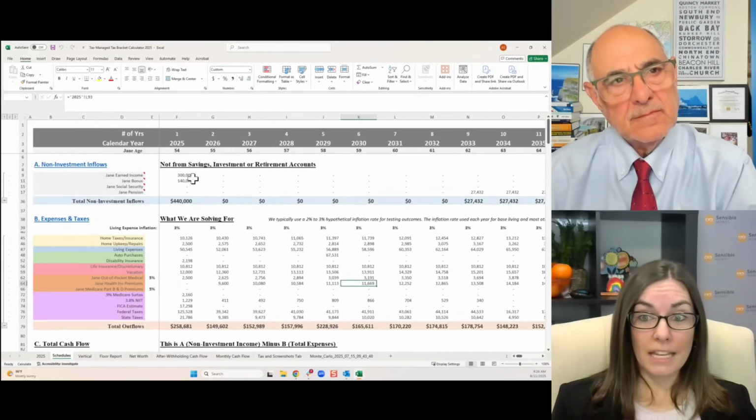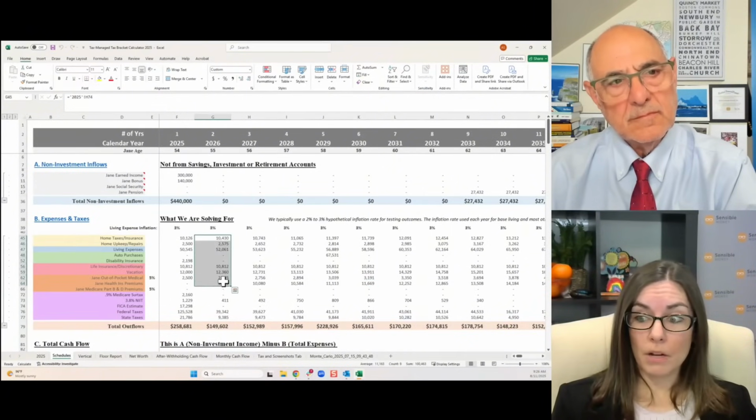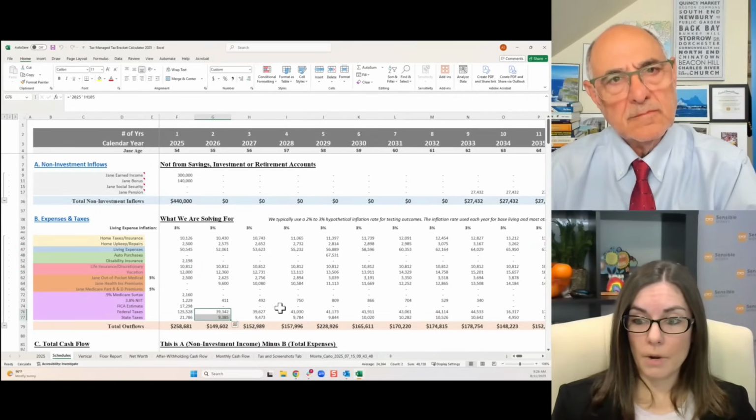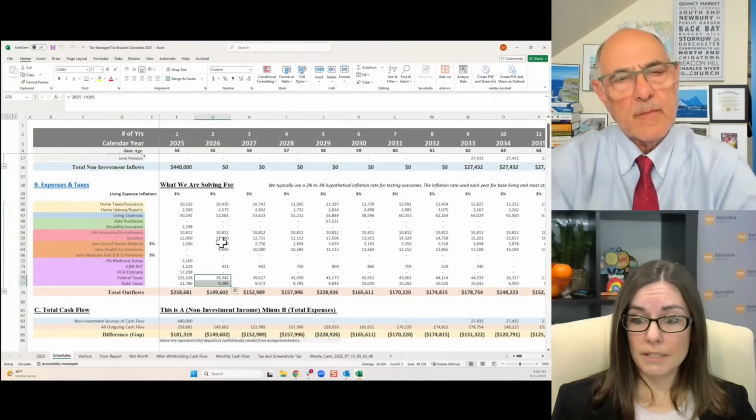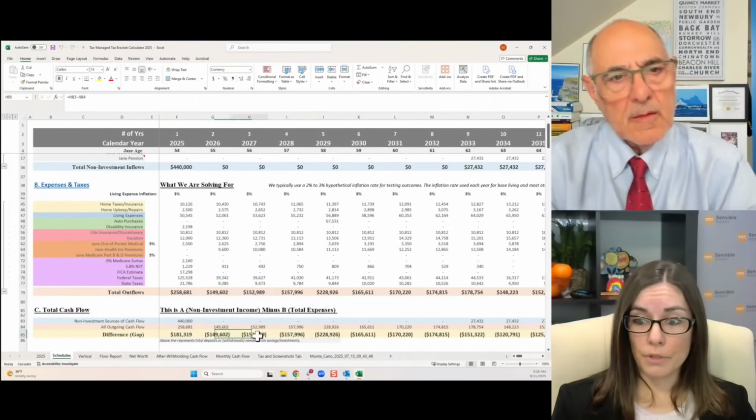Section A, income, identical. Nothing changes. Social Security, pension, retirement date, all the same. Section B, spending is the same, so still about $100,000 a year in spending. What does change here is the tax numbers, and we're going to talk about why in a minute. But still same concept: income minus expenses equals portfolio withdrawals.